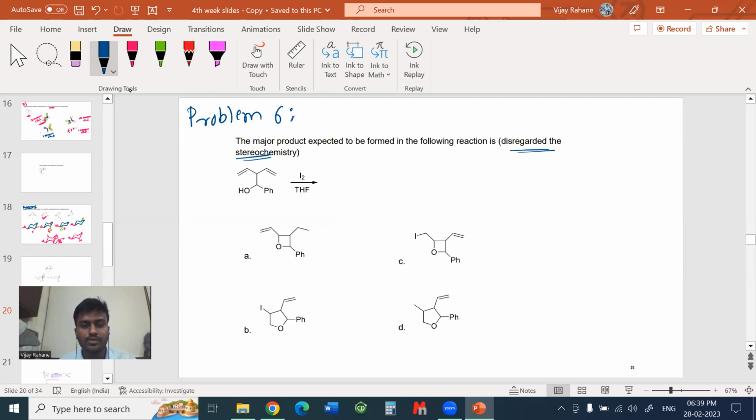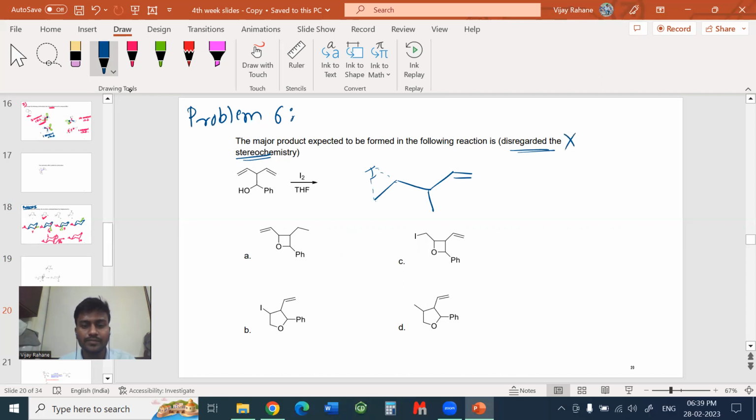In this one, by the addition of I2, the first step will be iodine insertion, right? So iodine will be inserted like this. Both are equivalent, and there is no need to consider the stereochemistry as mentioned in the question.